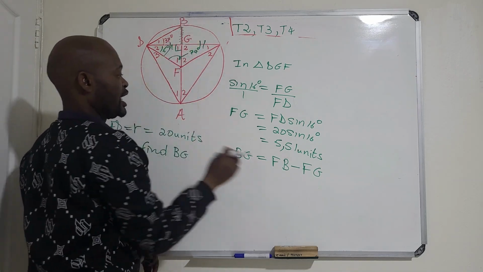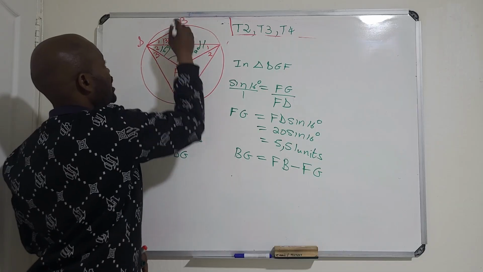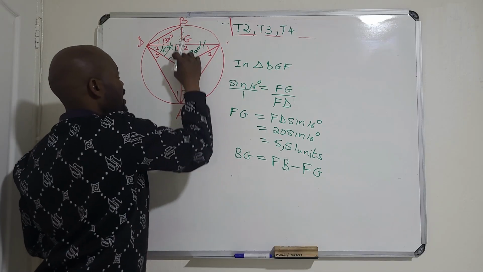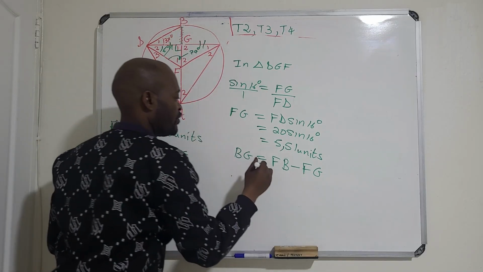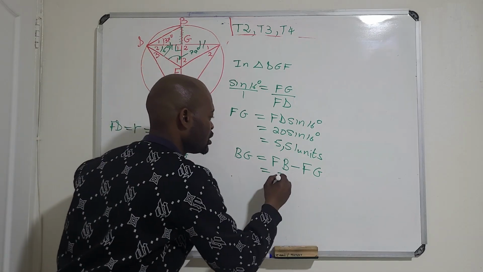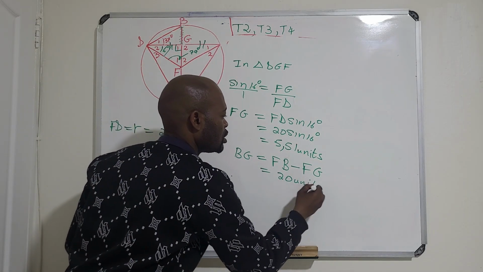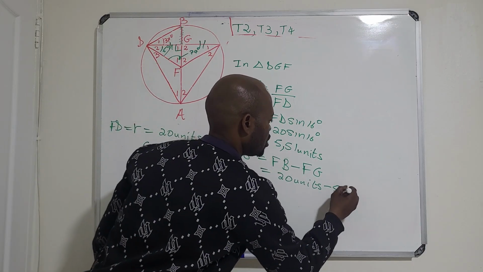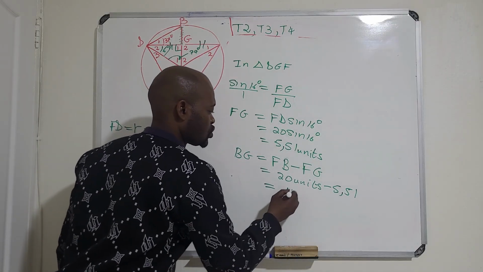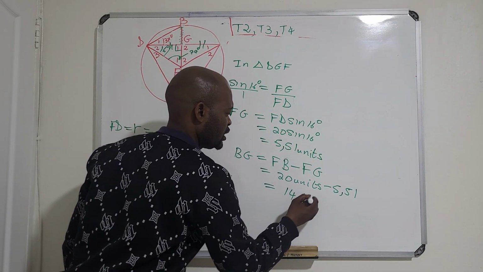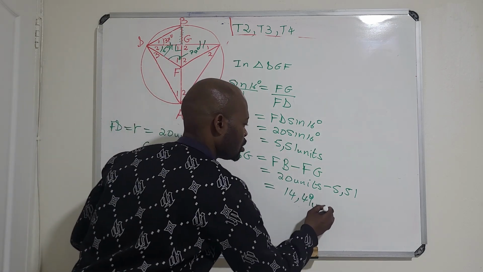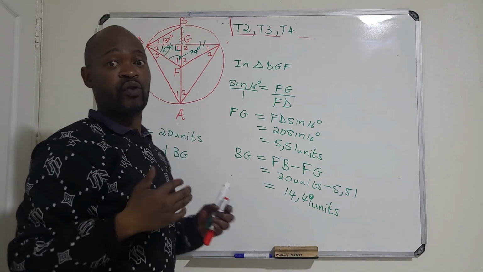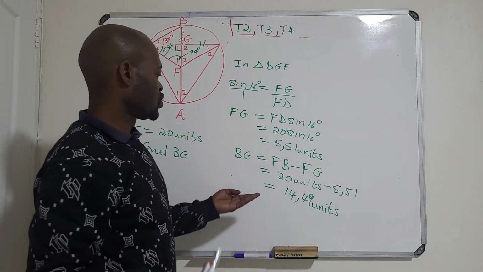Therefore, BG is equal to the whole of the radius minus this. Therefore, we have 20 units minus our FG, 5.51, which is equal to 14.49 units. Now, we have found BG, which is what we were asked to find.